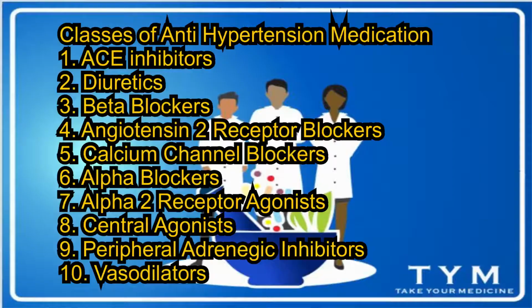The classes include ACE inhibitors, diuretics, beta blockers, angiotensin II receptor blockers, calcium channel blockers, alpha 2 receptor agonists, peripheral adrenergic inhibitors, central agonists, vasodilators, and also we have combination drugs. That's a combination of the different classes that are put together in one dosage form.